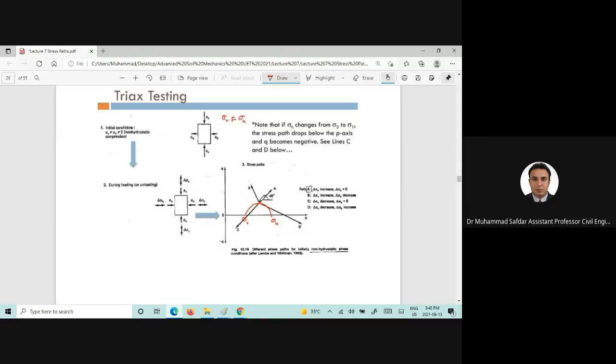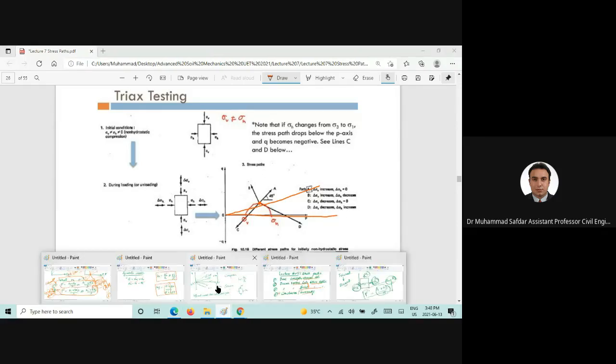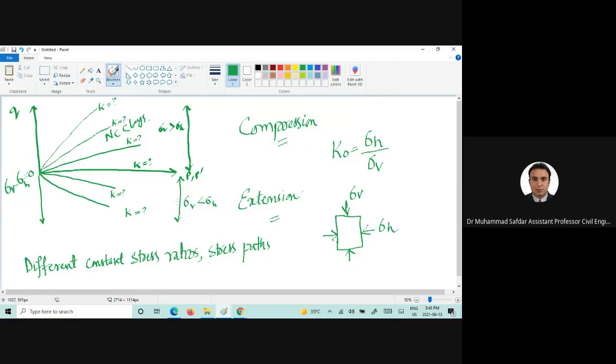That is what is explained here, that if we are having an anisotropic condition where we are starting, for example, here it's K. If K is equal to 1, this is the isotropic consolidation stage, and if K is less than 1, this will be this condition, and if K is equal to 0.5, this will be for the normally consolidated clays condition.